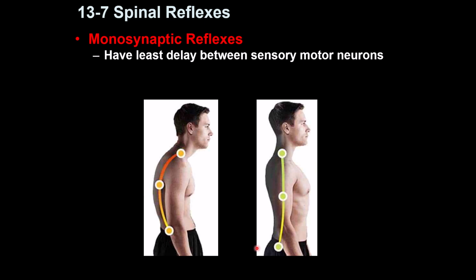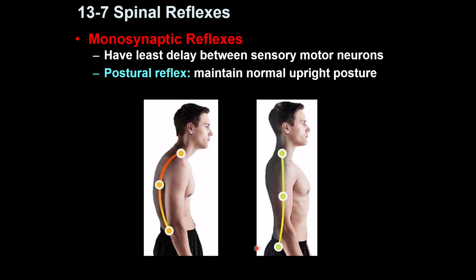So let's talk about these reflexes separately. The monosynaptic ones, you have to have one sensory and one motor neuron, and that's why it is very fast. An example of that is the postural reflex. For example, when you're sitting or standing, these back muscles are contracting, and that's keeping your head, neck, and posture proper.